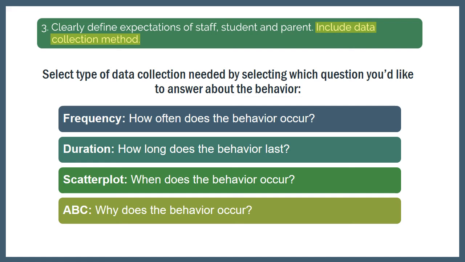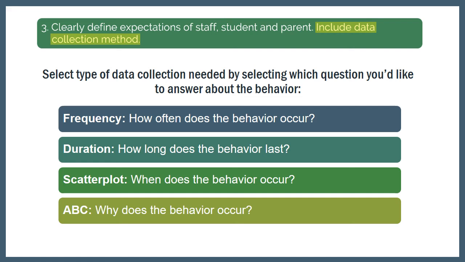Essentially, your data should seek to answer one or more of the following questions. Frequency data will give you information about how often a behavior occurs, whereas duration will tell you how long the behavior may last. A scatter plot will tell you when the behavior occurs, and an ABC chart examines the antecedent, behavior, and consequence in observable terms in order to answer the question of why the behavior occurs.